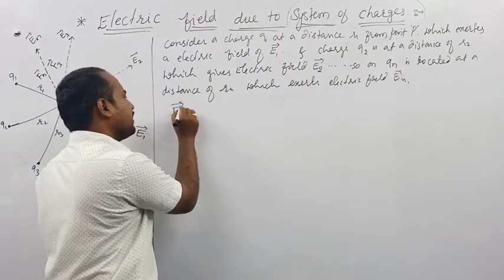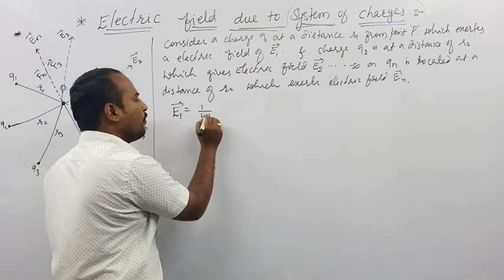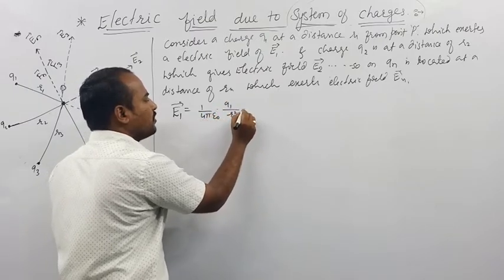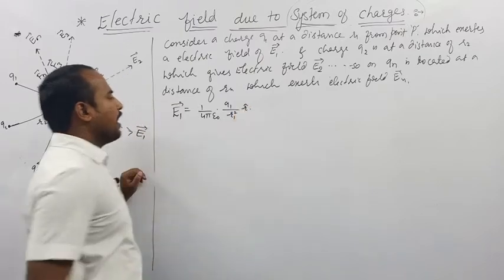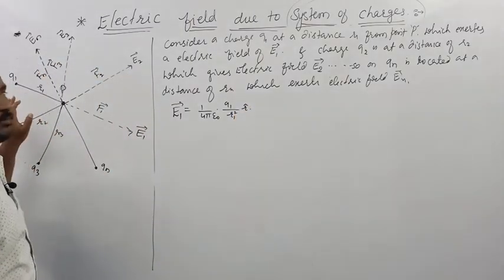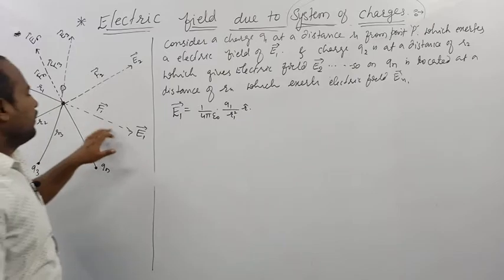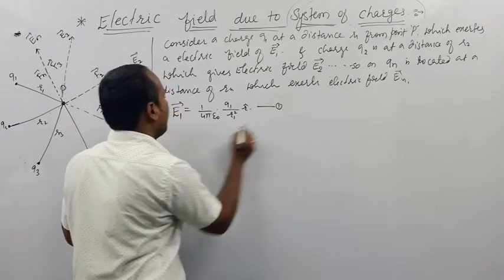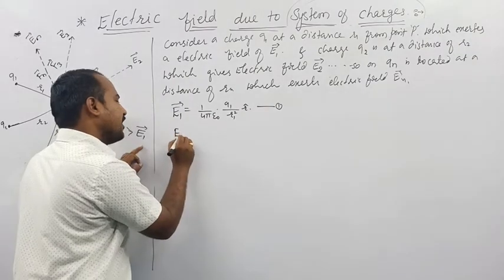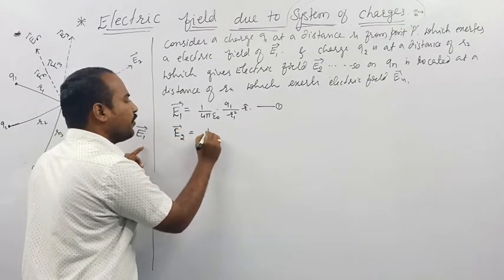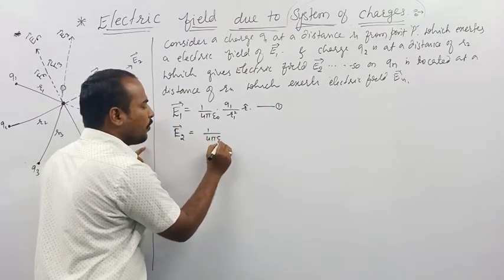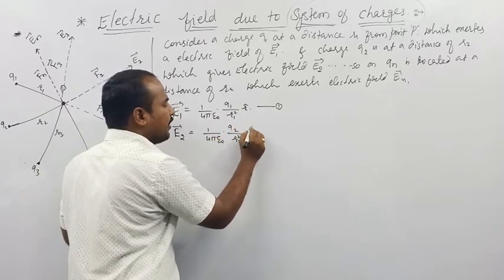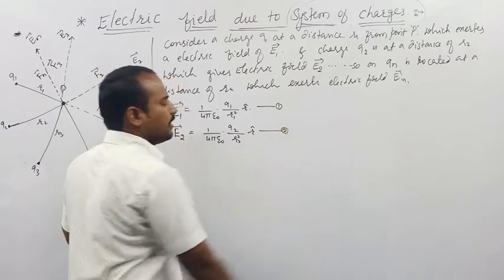Vector E1 is equal to 1 by 4 pi epsilon naught, q1 divided by r1 square into unit vector r1. Okay, we may call it equation number 1. And due to the second charge, vector electric field E2 is equal to 1 by 4 pi epsilon naught q2 divided by r2 square into r cap.